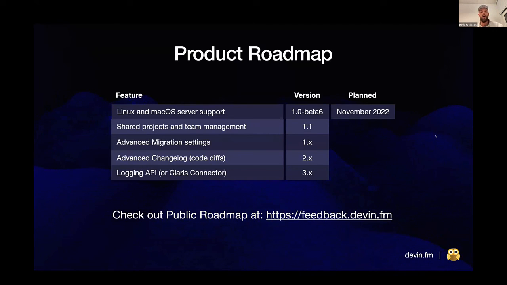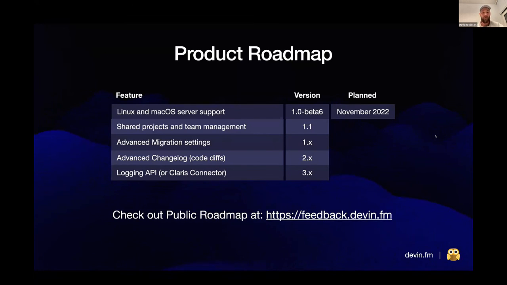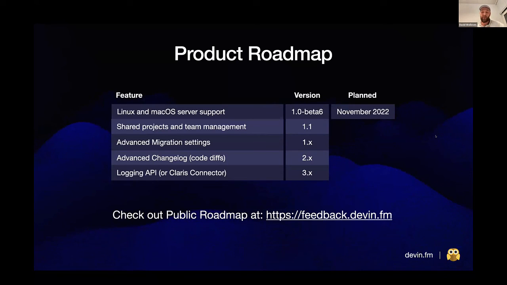And then after that, we will most likely release the final general available version that will include later on a shared project workspace and more team management features, some more advanced migration settings and a more advanced changelog, maybe even integrating tools like Git to be able to see code diffs, and also in the future a logging API or some sort of Claris connector.